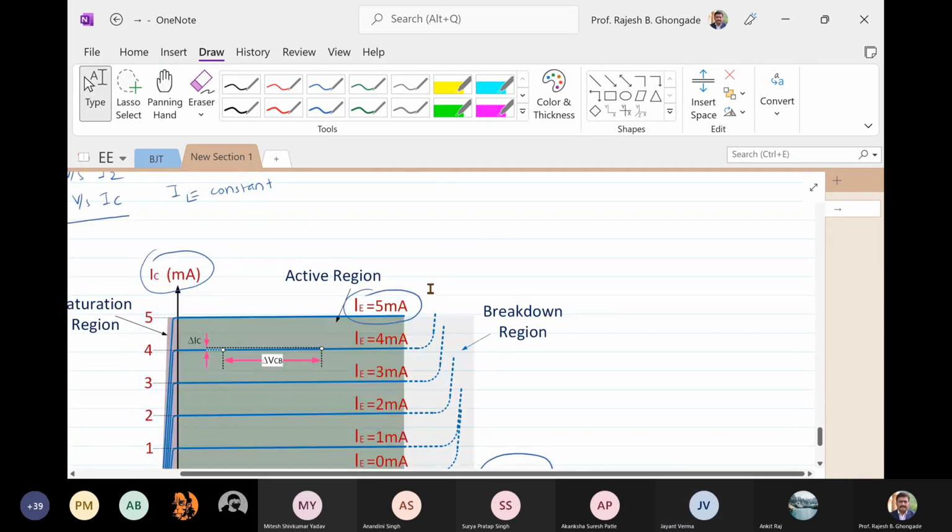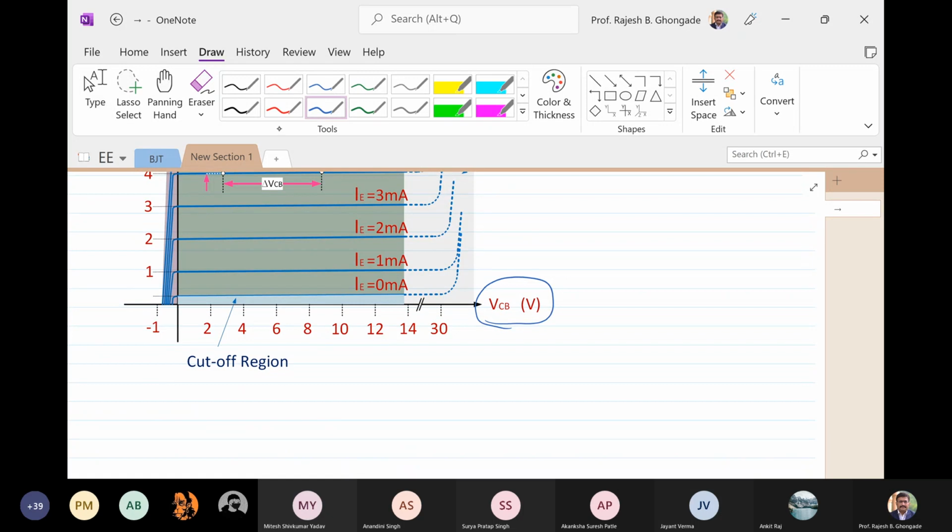So very small current you can see over here. I'll just repeat that. Let us start from here, because this needs an explanation. Very important. So if I start from here, that is VCB is 0 and IE equal to 0, what I get is a very small value here, which is equal to your reverse saturation current. But if I increase IE to 1 milliampere, you'll see that for the similar values I get this curve.